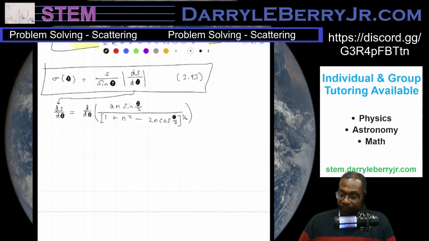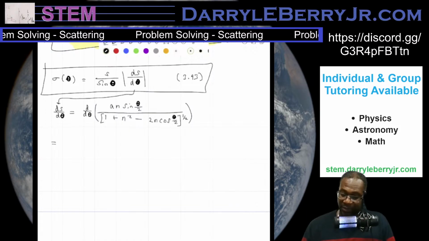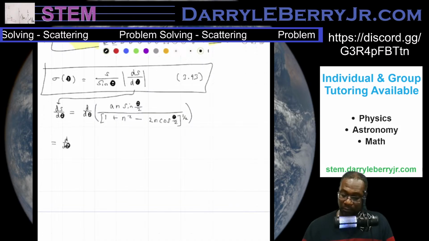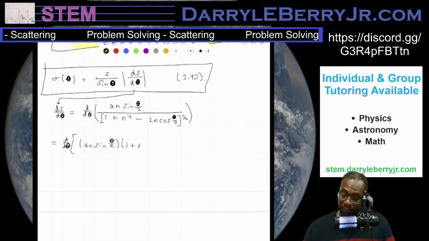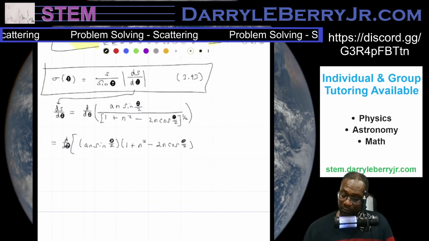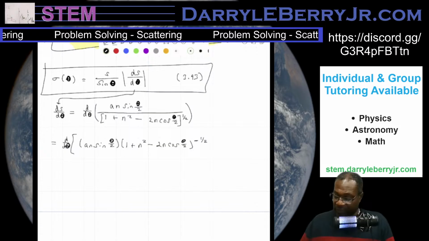It does seem pretty complicated, but I'll simplify this a bit. We have this. I need to take the derivative of this.